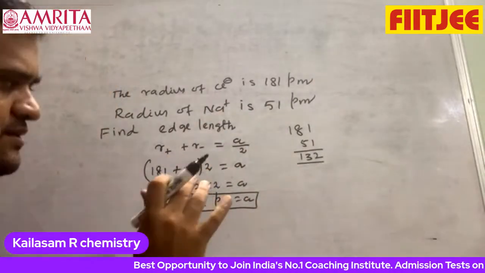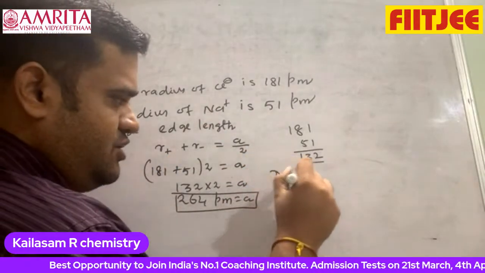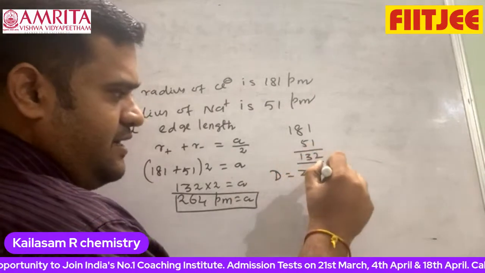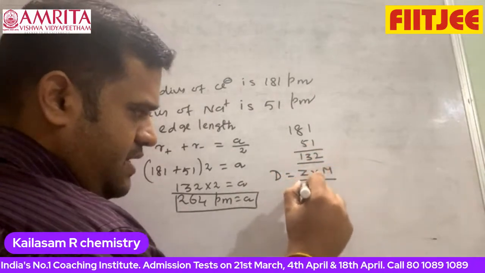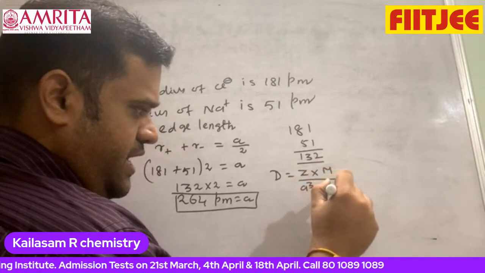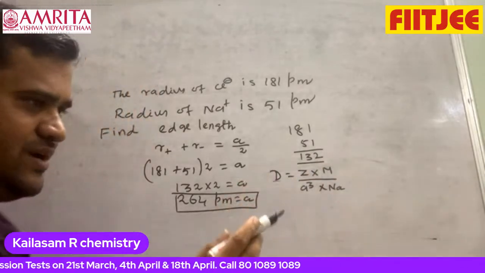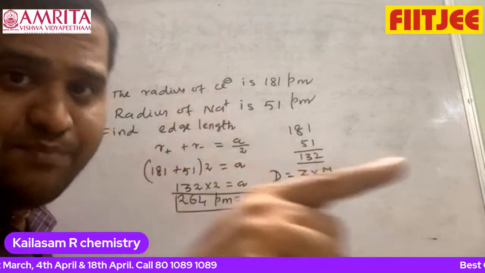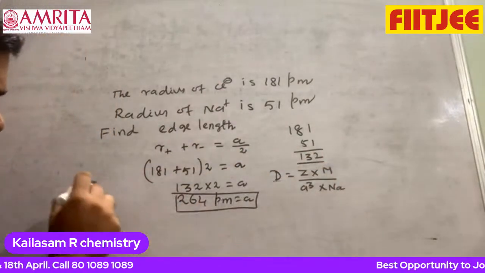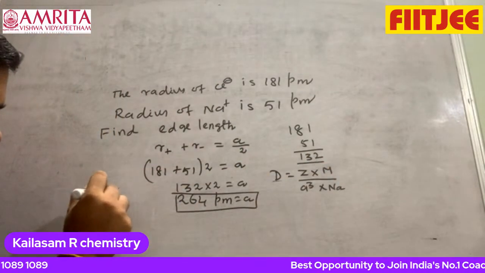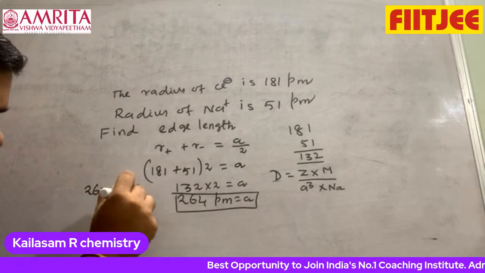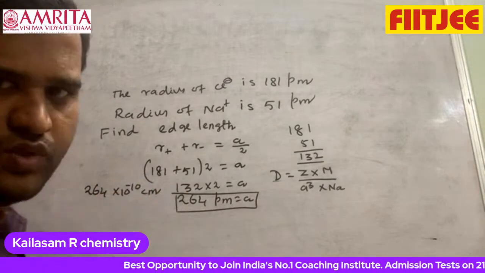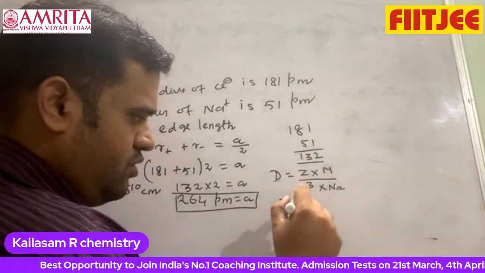See, now we know that D is equal to Z into M by A cube into Na. Now, D you express in terms of gram per centimeter cube. Now, this is in picometer: 264 into 10 power minus 10 centimeter. Z is what? 4.